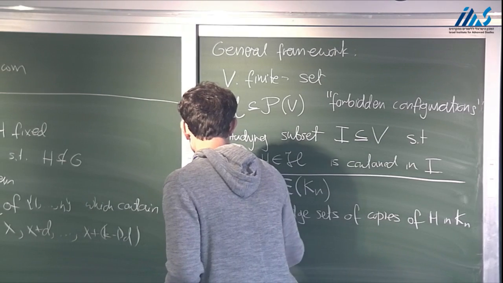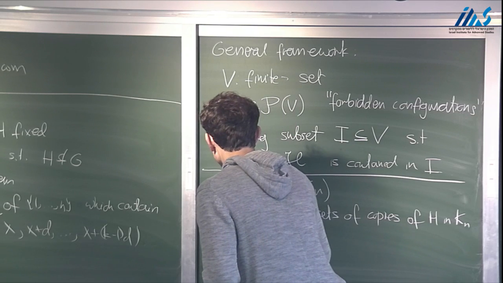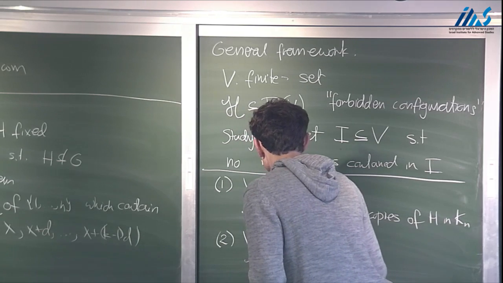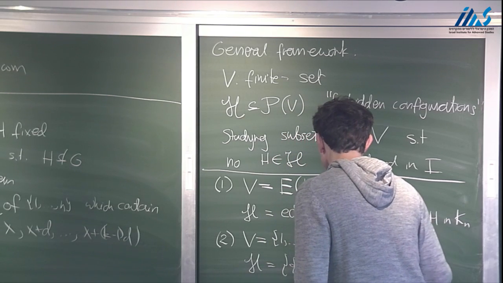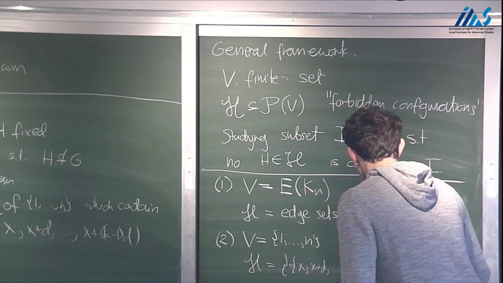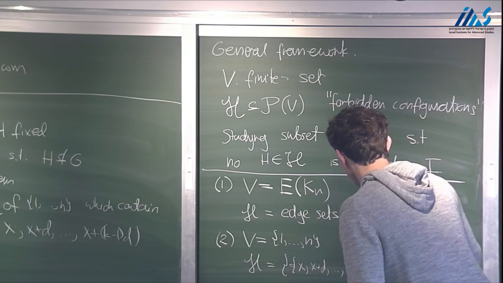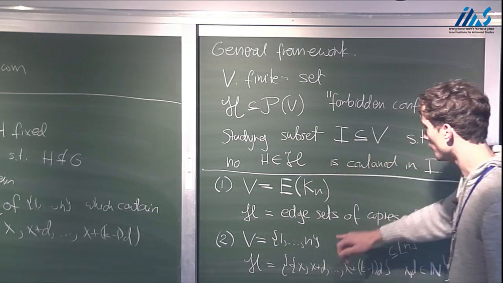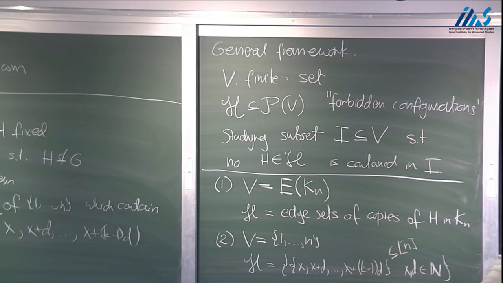Now, in the second example, I take V to be the set of the first n integers, and H is just the collection of all sets of the form x, x plus d, up to x plus (k minus 1) times d, where x and d are integers, and this, of course, needs to fit inside n. And now again, if I look at any subset I of V, so any subset of the first n natural numbers, which doesn't contain any of these sets, it means it doesn't contain any k-term arithmetic progression.